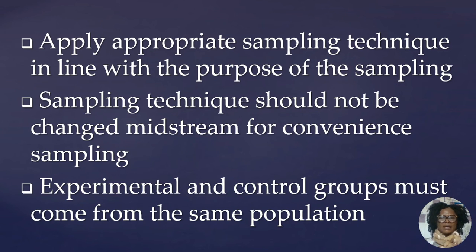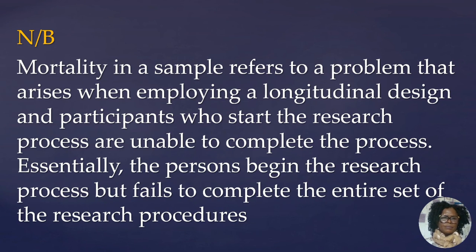It is from there that you pick classes that will represent the experimental and classes that will represent the control. Most often it is even better that you pick the SS2 students you want to work with, bring them together, shuffle them and divide them into the groups you want to use, some to serve as control group, some to serve as experimental, for you to get the best result.